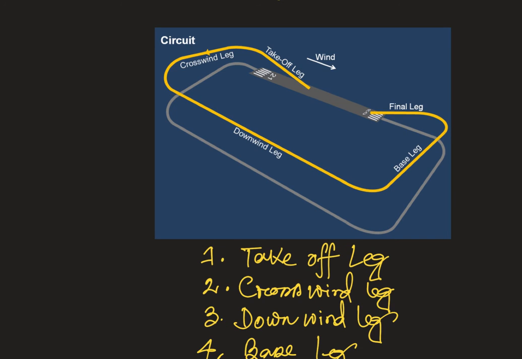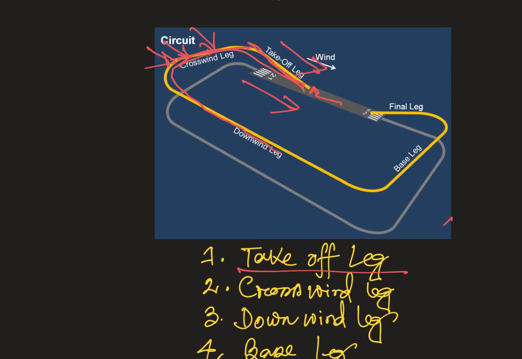Let's talk about the 5 basic legs of the circuit. First is the takeoff leg. If the aircraft is taking off in this direction, this is your takeoff leg. This is the crosswind leg, because the wind is expected to be like this. You are taking off, so you are facing the wind from the side. That is why this is the crosswind leg.